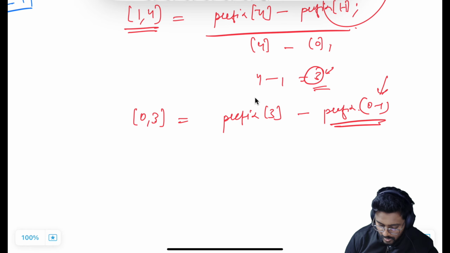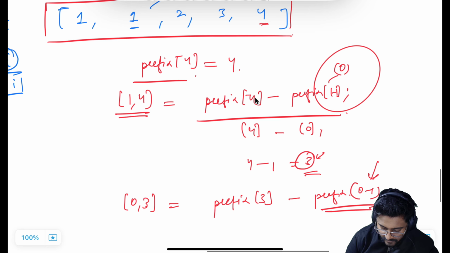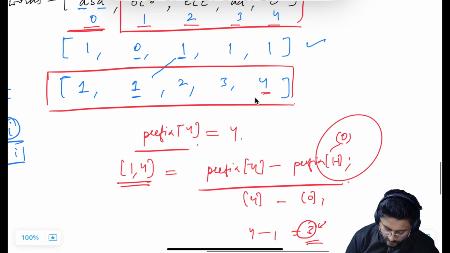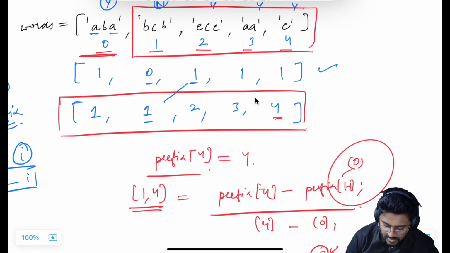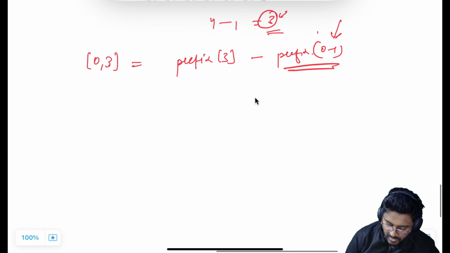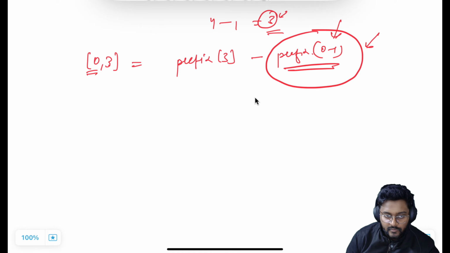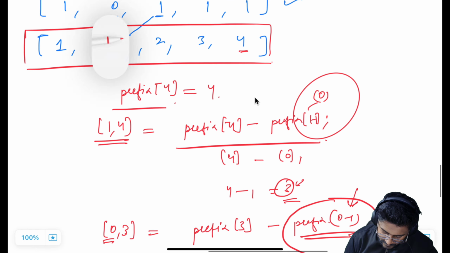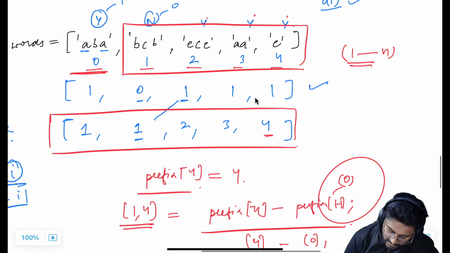It's totally up to you whether you want to take prefix 1 ahead of the index, so instead of indices from 0 to 4, you can get 1 to n. Or you can check a condition: if it is starting with 0, do not have to subtract prefix of left. Yeah, this much we have to do. Just prepare the prefix array and use the prefix array to get the answer.